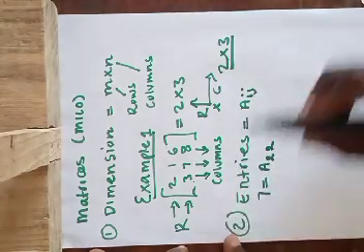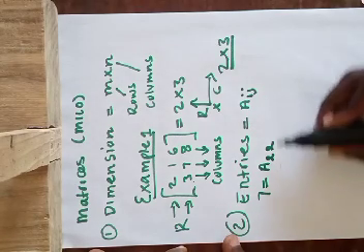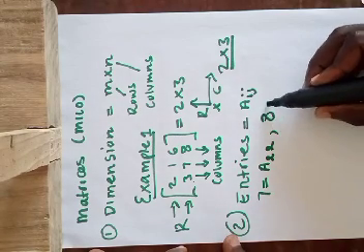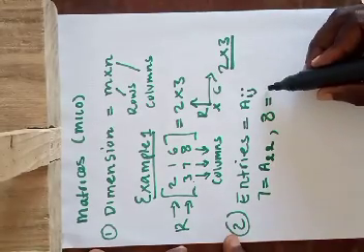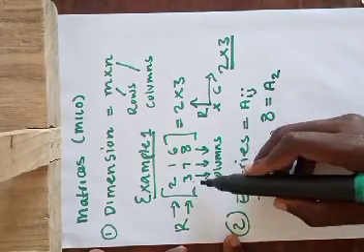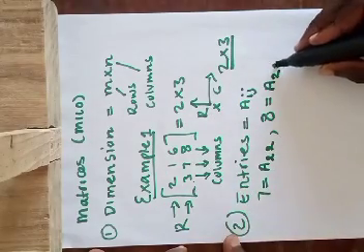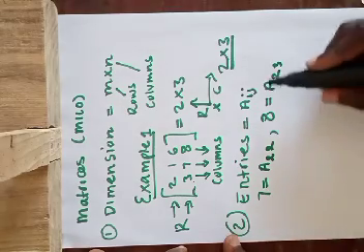So we start with row, then column. Let's look at number 8. Number 8 is in the second column, and then you start counting going this side, 1, 2, 3, so third row. So this is the entry.